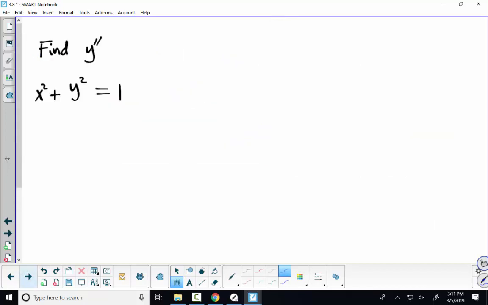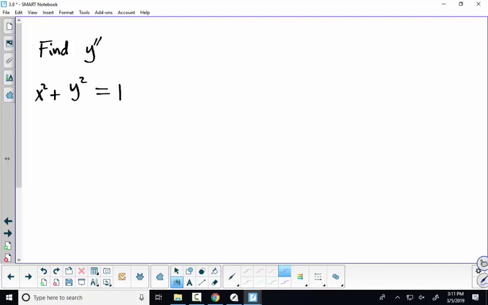So a note about when you have to find the second derivative implicitly. When you find the second derivative, keep in mind that we also have a relationship between x and y that's given to us originally, and what the y prime is.